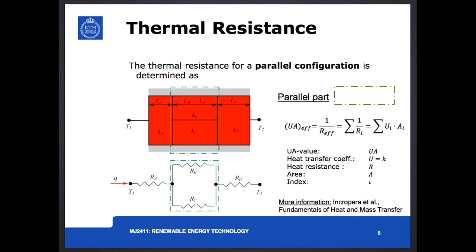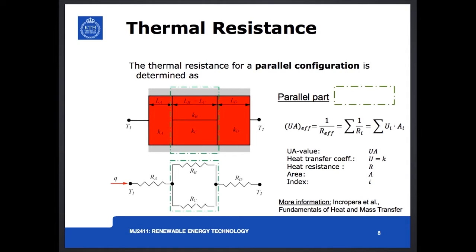In order to calculate the effective UA value, we apply the thermal resistance approach. Here on this slide, you can see an example of a parallel configuration of heat conduction. The thermal resistance approach works very similar to the calculation of electrical resistances.